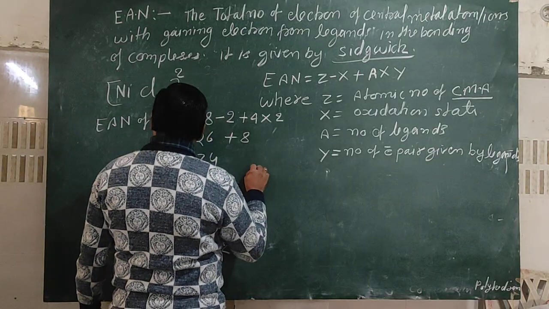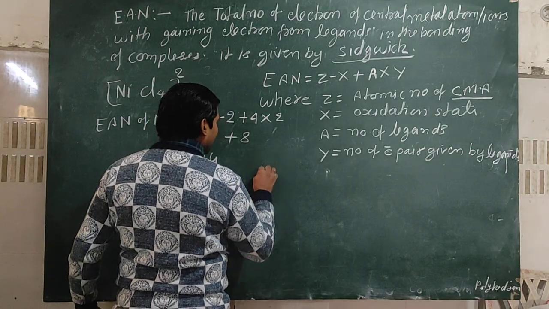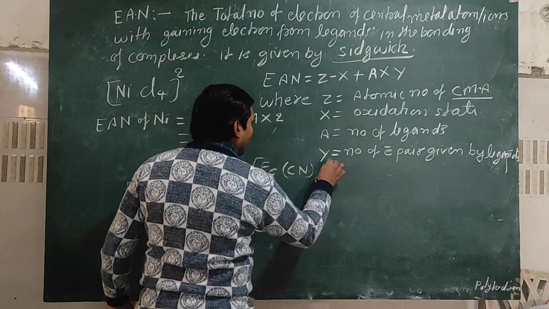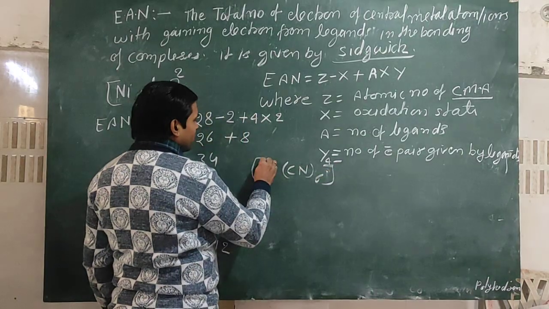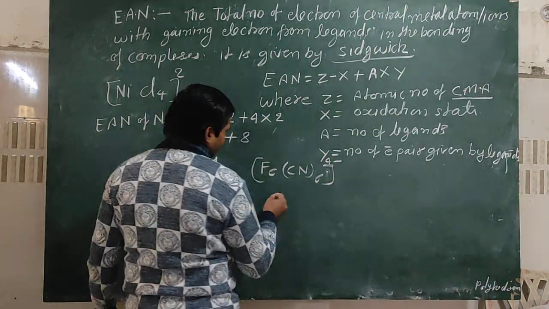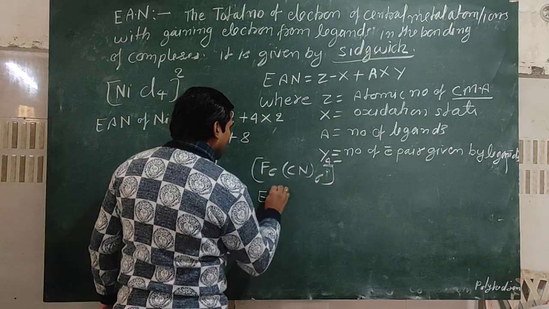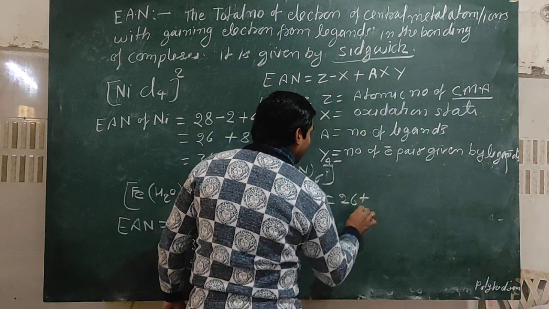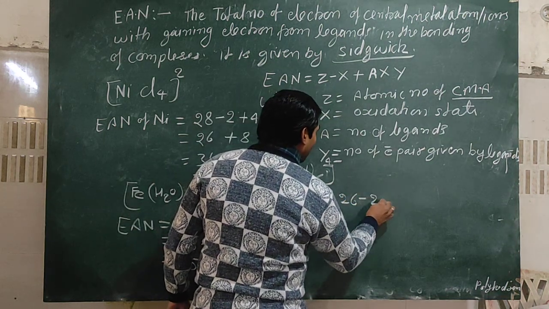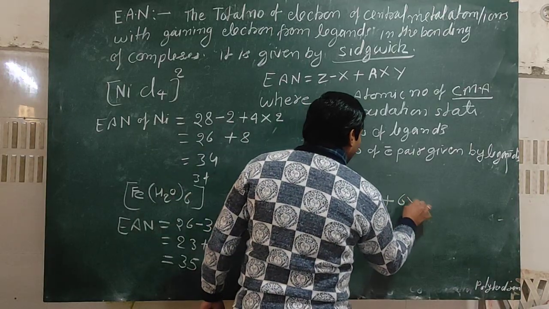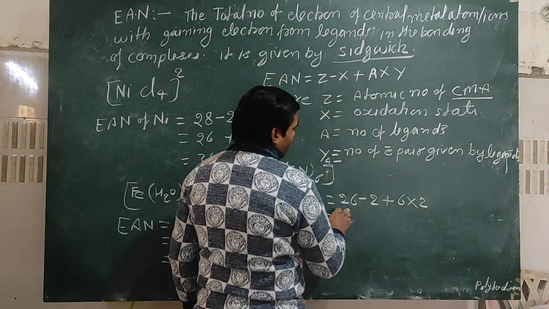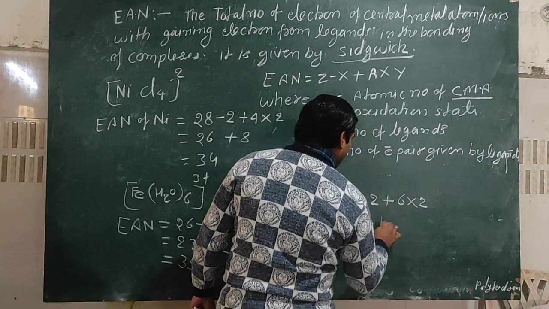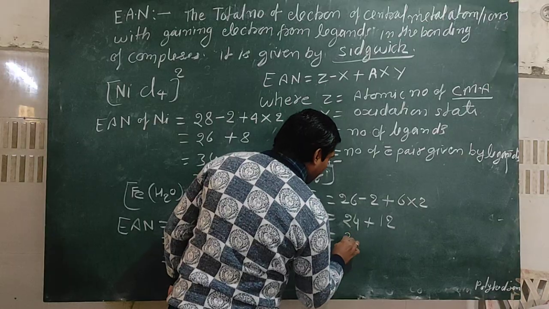But in the case of Fe(CN)6 4-, the oxidation state of iron is +2. Therefore, the EAN of iron is 26 minus 2, plus 6 into 2, so 26 minus 2 is 24, and 24 plus 12 is equal to 36.